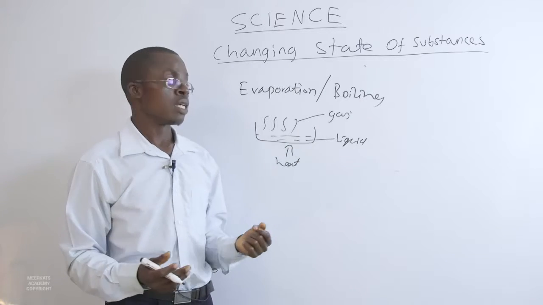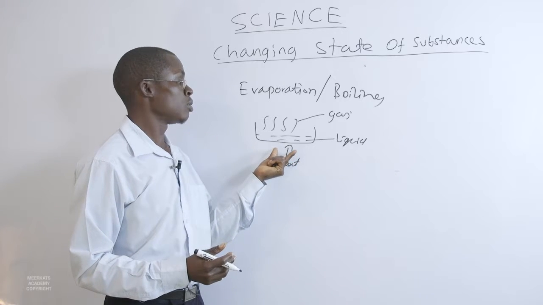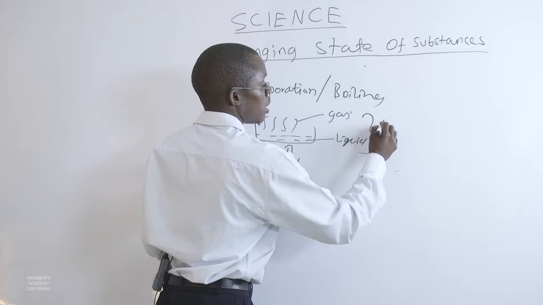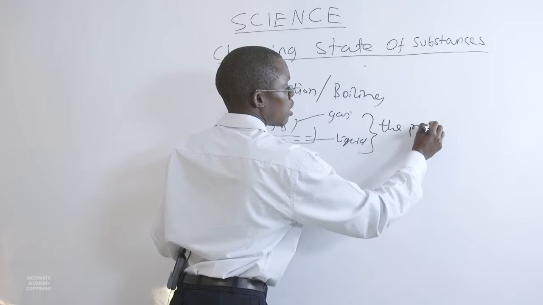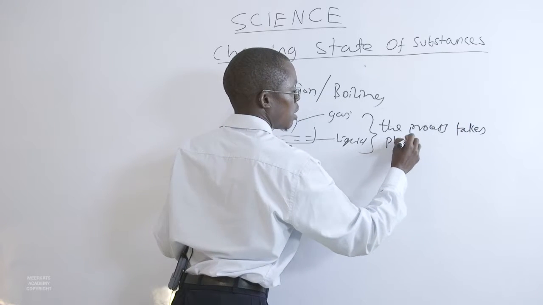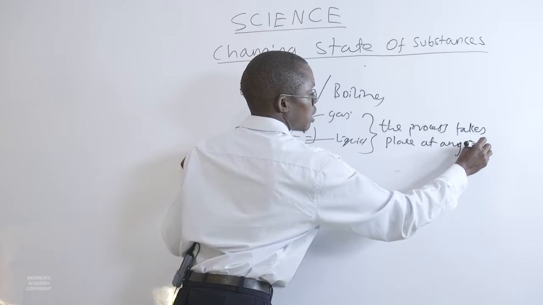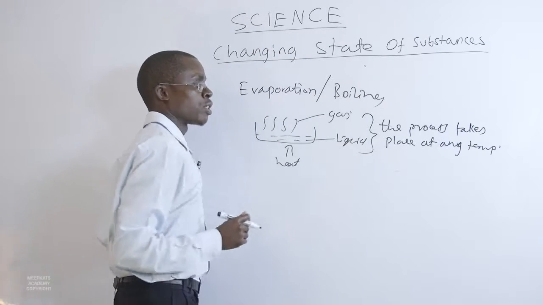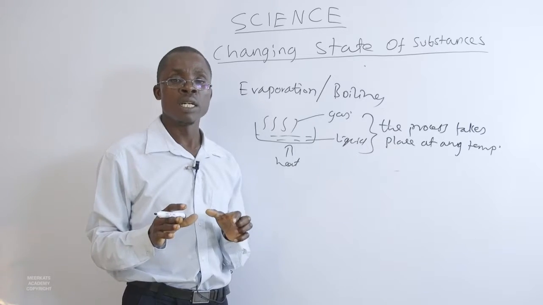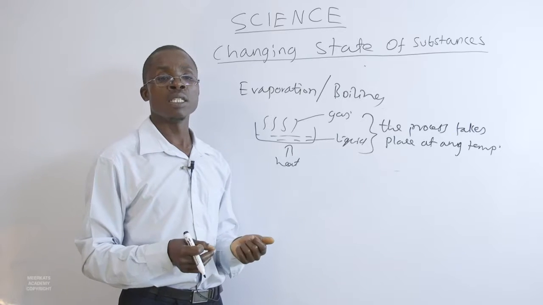If you are heating, then the particles in the liquid will gain more heat energy, making them change into a gas. The process takes place at any temperature. Even if you know water boils at 100 degrees centigrade, evaporation can take place at any temperature.